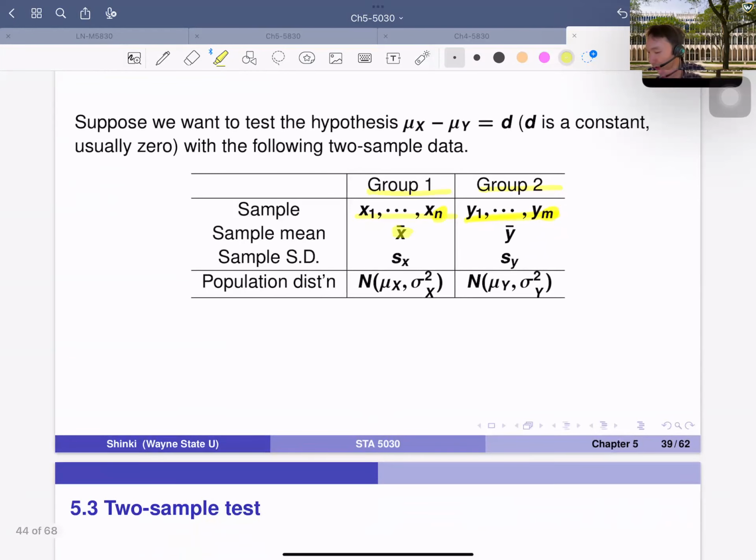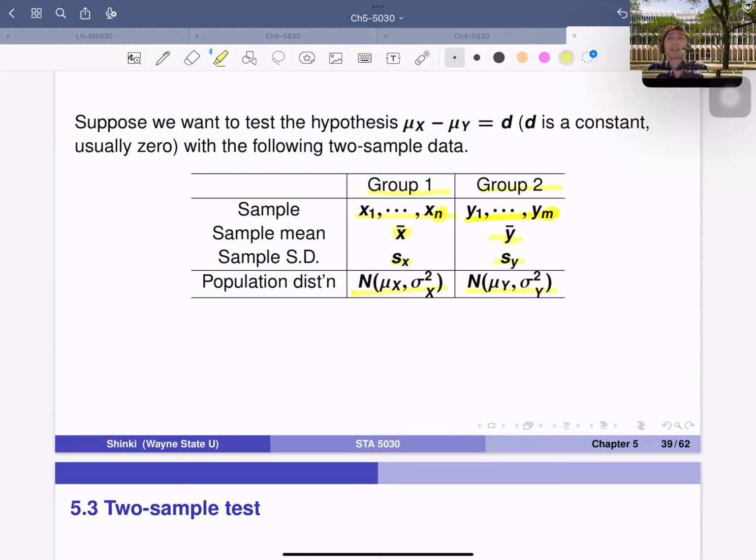And we have the sample mean and sample standard deviation for each group. Our assumption is that the population distributions are different between group 1 and group 2. Note that sigma x and sigma y may be different. If these are much different, then differentiating the sample sizes is more effective, if you can design it. For example, if group 1 has a much larger standard deviation, that means each observation is not a reliable estimate for mu sub x.